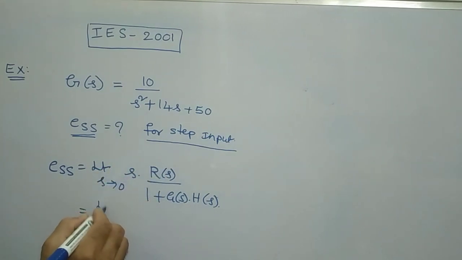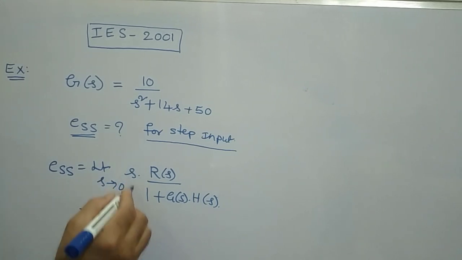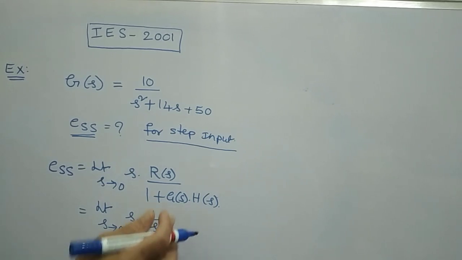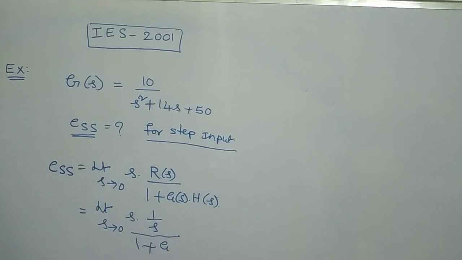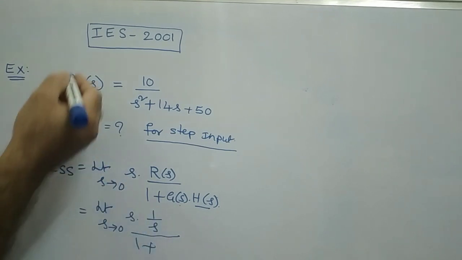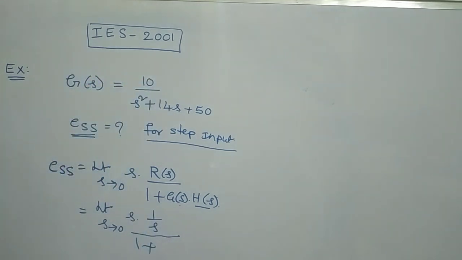Therefore, from here, limit s tends to 0. s is already there as per the formula. R of s value is 1 by s. Therefore, 1 plus, what is this? g of s into h of s is nothing but 10 by, g of s value is this one. What is h of s? Because it is a unity feedback control system.